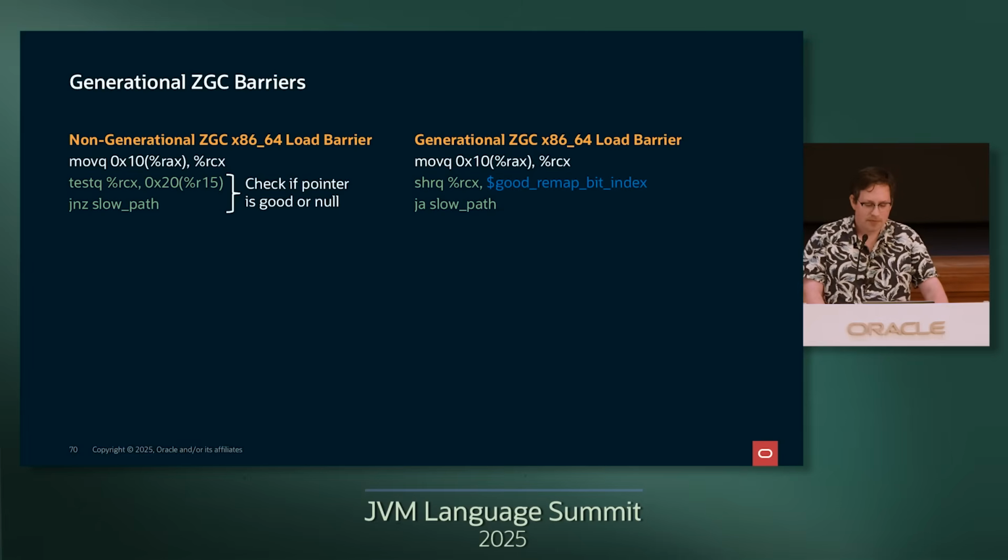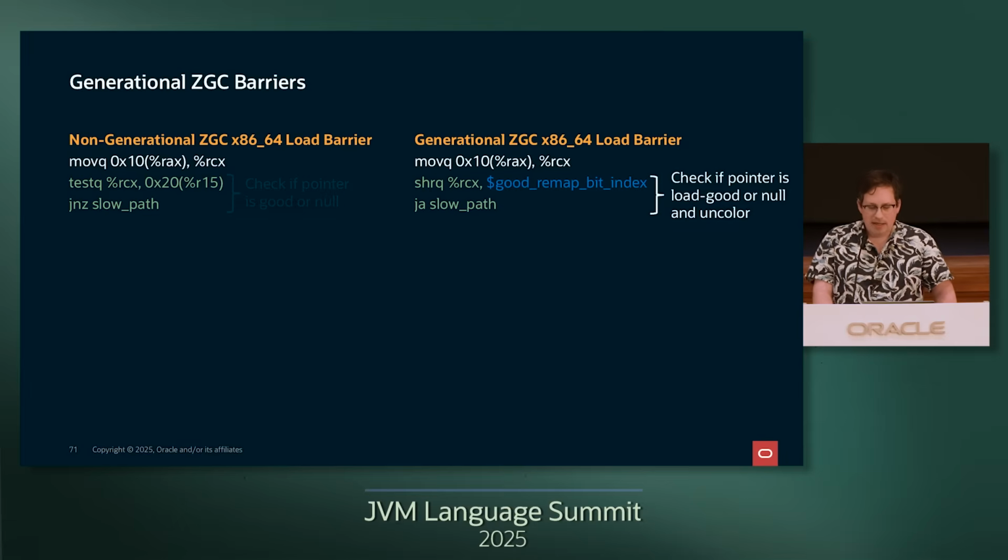Let's look at some barriers. On the left side here, we have the load barrier, the way it's used in non-generational ZGC. Two instructions, checking: do we have the right color here? If not, we need to perform a color transition and do some form of action. On the right-hand side, we have generational ZGC. Here we also have two instructions, but we're doing a lot more.